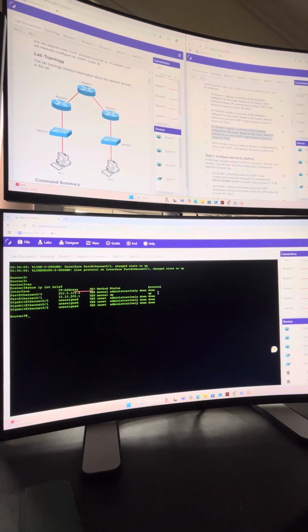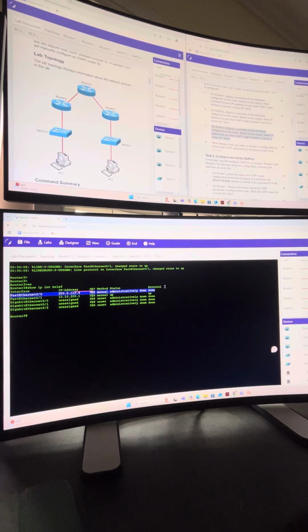And if we take a look at the output, we can see that we have 2 addresses actually configured. We have no loopback interfaces, and we have the FastEthernet 0/0, and we have FastEthernet 0/1.